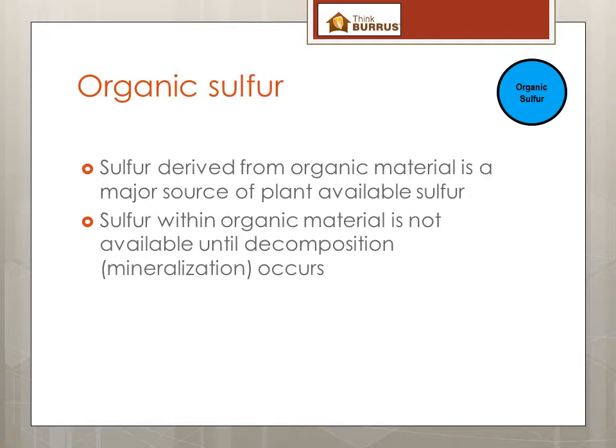We actually have to get decomposition kicking into gear pretty good. We call that mineralization. We basically have to break apart that material and release the sulfur that's tied up within. We have to go through that step first before the plant can latch on to that stuff.